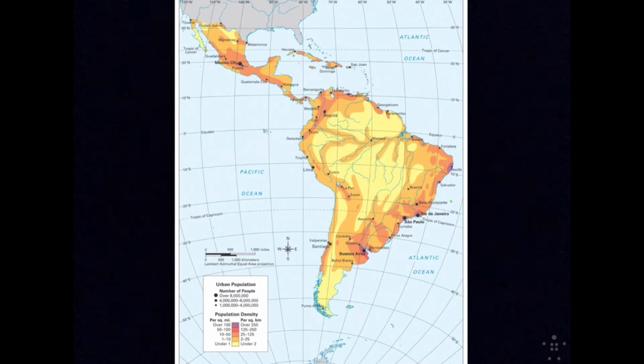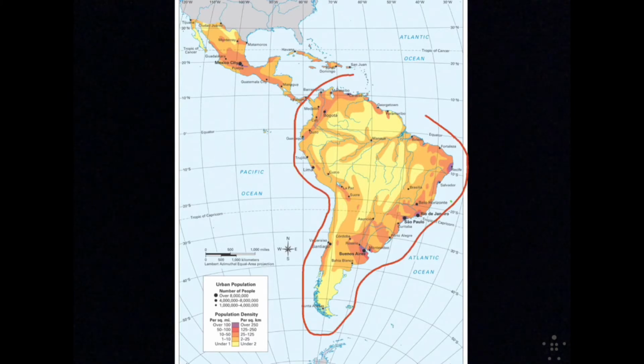Now describing how all this plays on human settlement and on population density. Remember, when we were talking about the population density of South America, there is a populated rim, and you can see that in regards to South America. Most of Central America is very highly populated, but in South America, it's this rim.